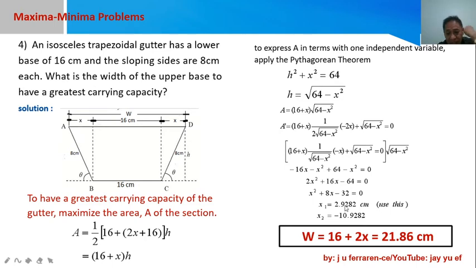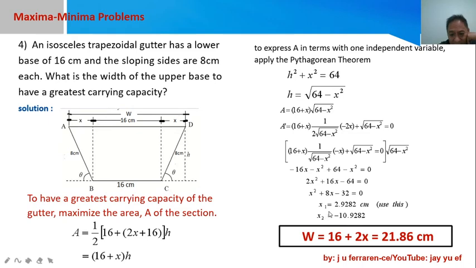Then I solve for my roots. We have two values. 2.928 centimeters, and I use this because the other value is negative. Actually, there is a function in your calculator dealing with second degree equations, so we can go directly to this result.